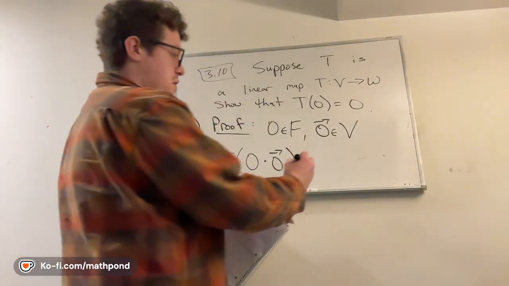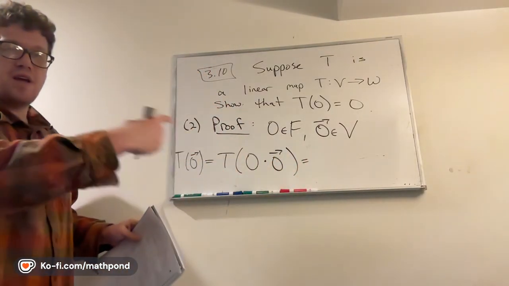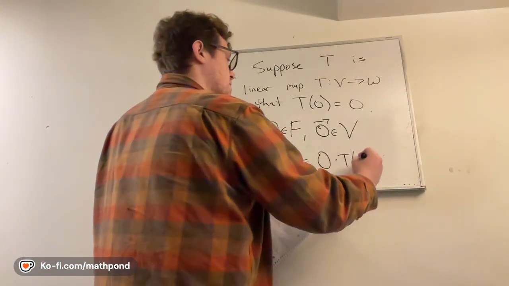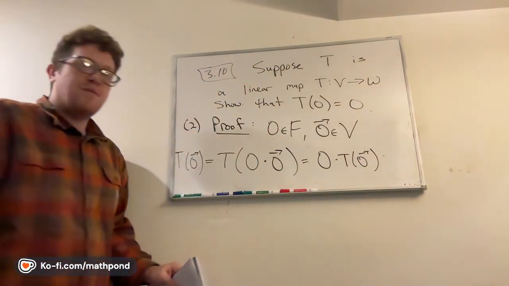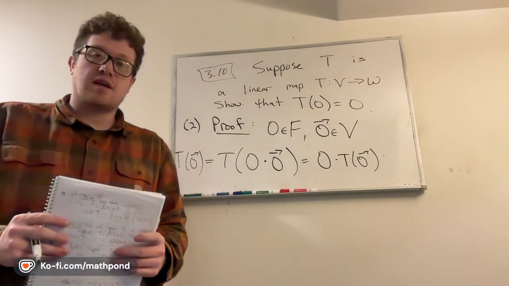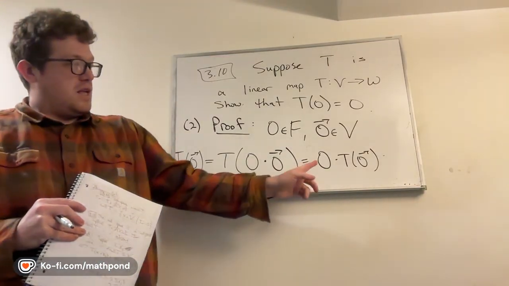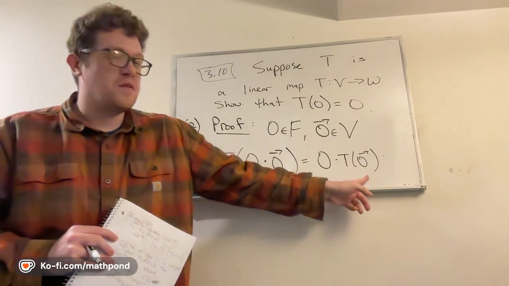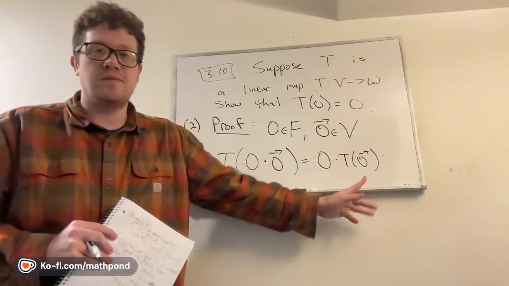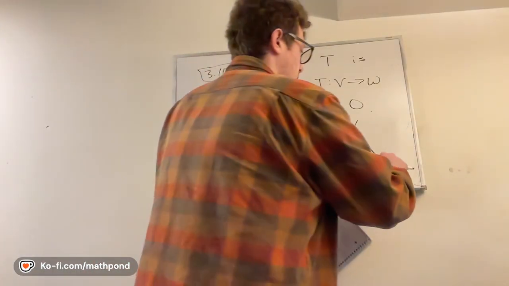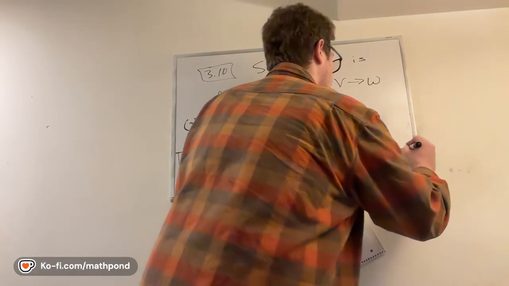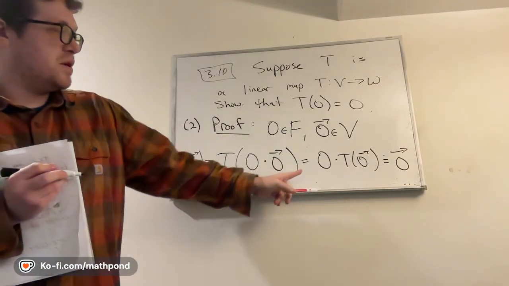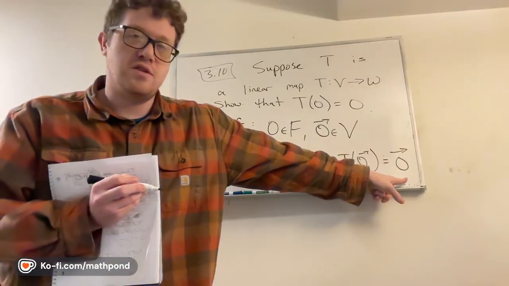And by the homomorphism property, we can pull scalars out. So we can pull the 0 in the field out. So it's 0 times T of 0. And we proved, I think actually on Wednesday, that 0 in the field times any vector, no matter what this was, even if we didn't assume it was 0, 0 times it would be 0 anyways. And then we're done. So T of the 0 vector is T of 0 times 0, which is 0 times T of 0, which is always 0.